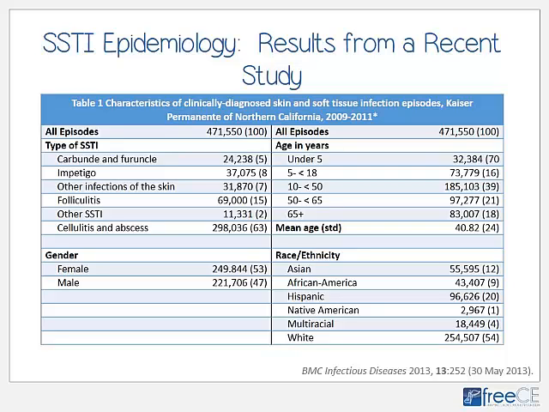On this first slide, it's really the demographic information. They included almost 500,000 patients, so a really big number. The type of SSTI is listed up there for you. Basically, 63% of those patients had cellulitis and an abscess, so the majority of patients included did have cellulitis. About half of the patients were female, half were male.